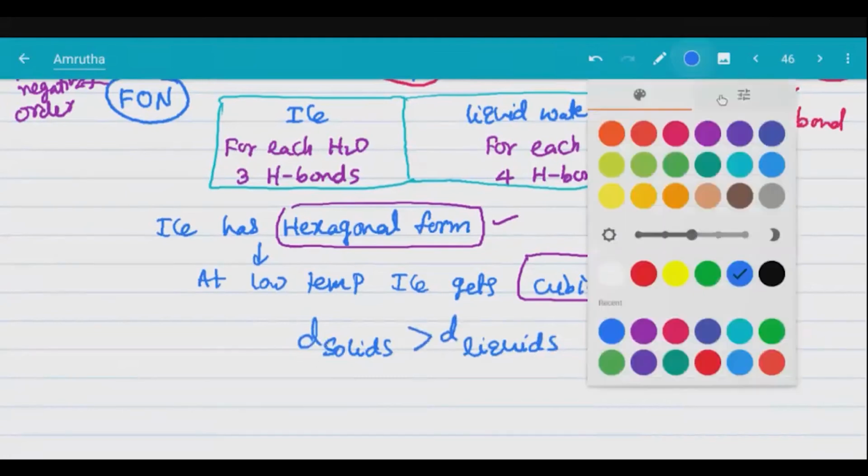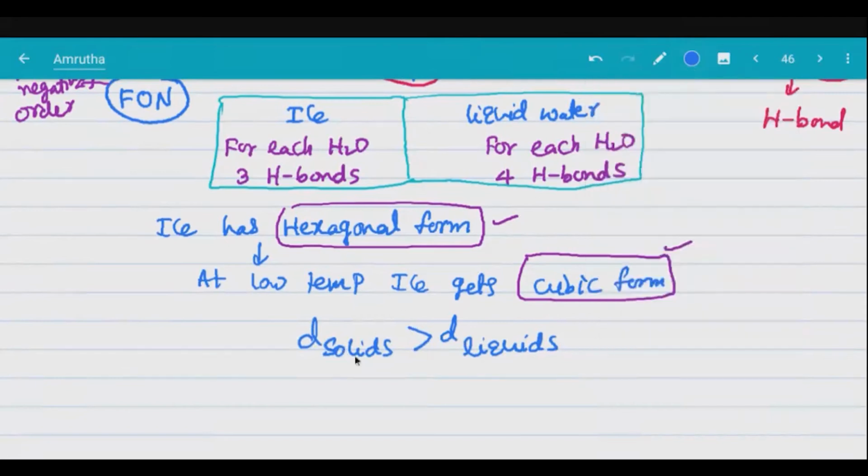This is true. Yes or no? Density of solid is more. What is density? Mass per unit volume, right? So solids means particles are closer. So definitely solids density is more than liquid density.